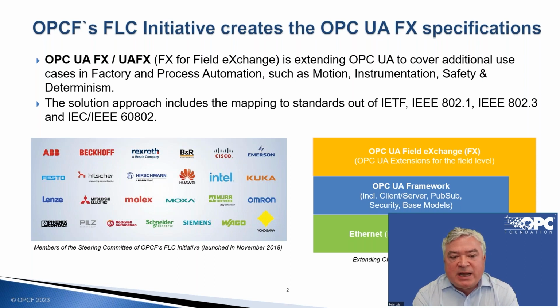You see on the left-hand side the 25 companies that are active members in the steering committee of the project. But I'd also like to add that all the technical work is done by all the OPC Foundation members that are either active or more monitoring the activities. And you will see later the structure we have set up to deal with the various elements of our solution approach.